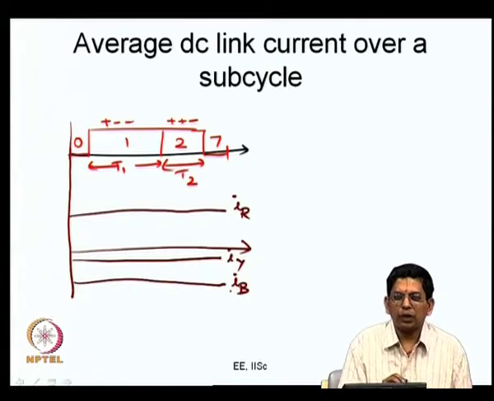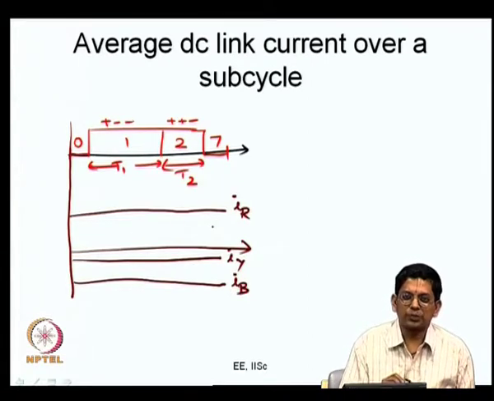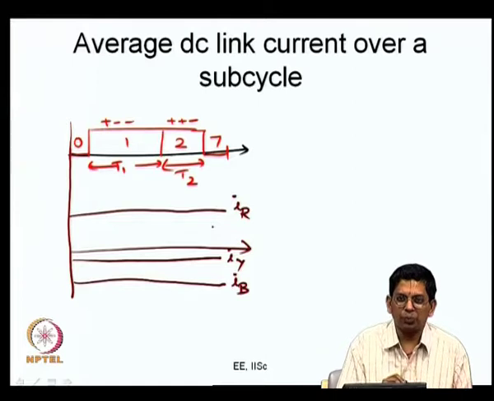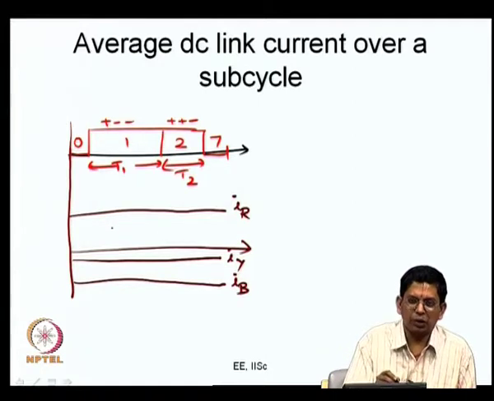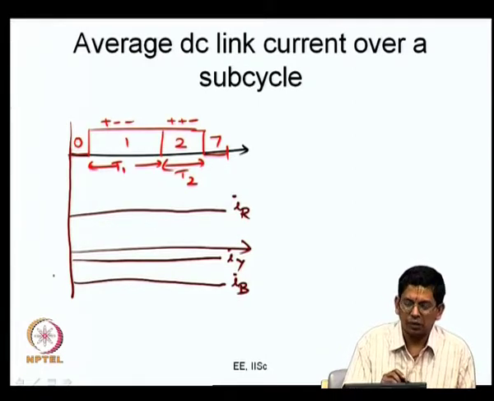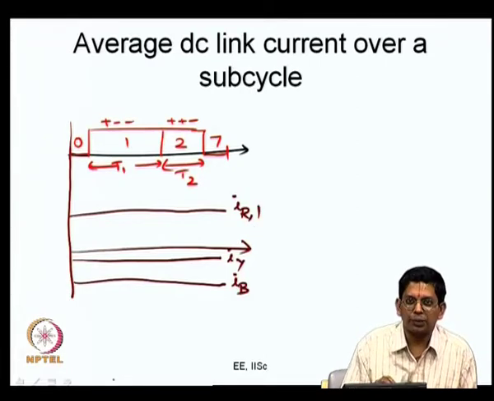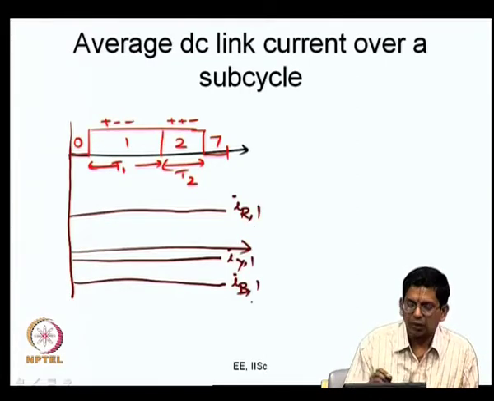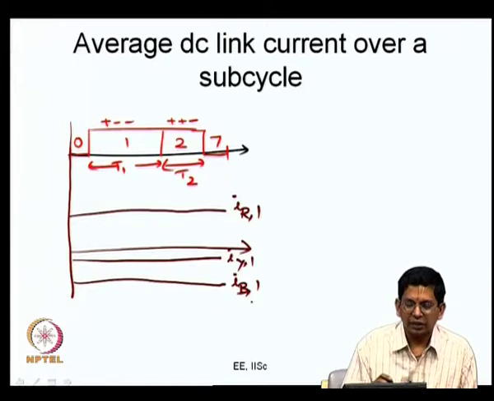You can consider them to be constants over the subcycle, and you can ignore the ripple, because for all these purposes, if you consider the ripple much smaller than the fundamental, you can take these as the fundamental components IR1, IY1 and IB1. These are the values of currents.